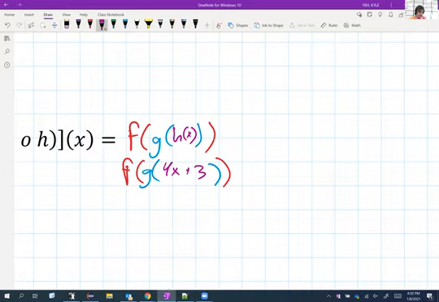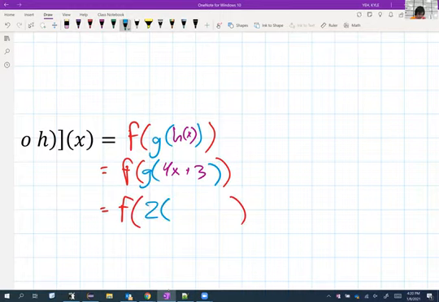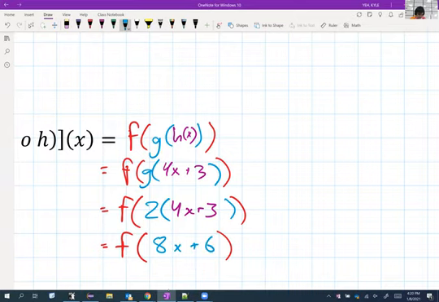So g of 4x plus 3, well, the g function is 2 times whatever I'm plugging in. So 2 times, I'm plugging in 4x plus 3. And so that'll give us 8x plus 6.